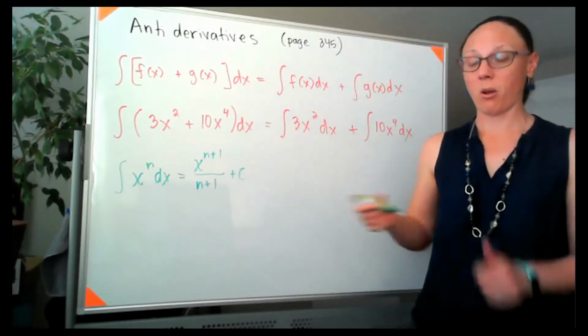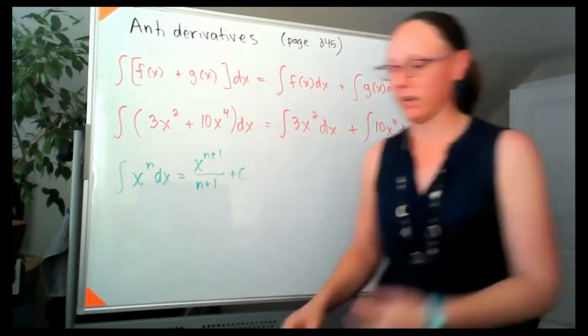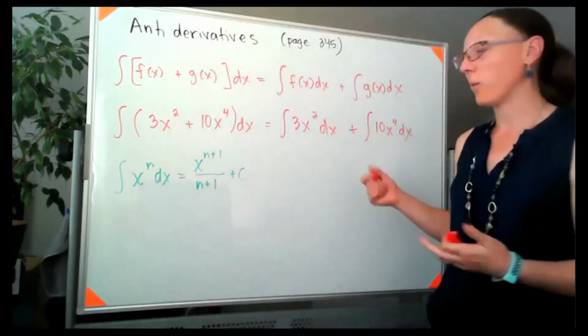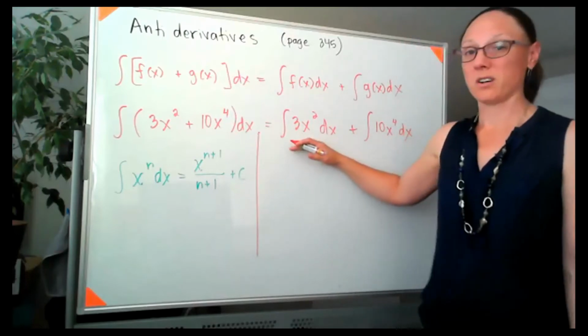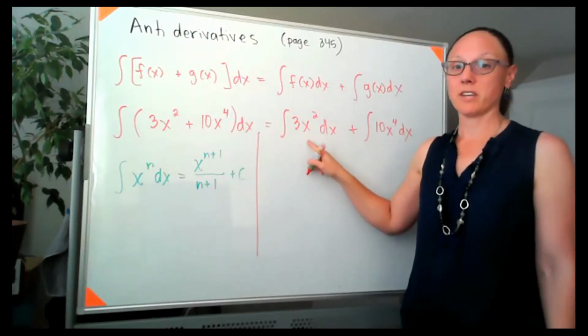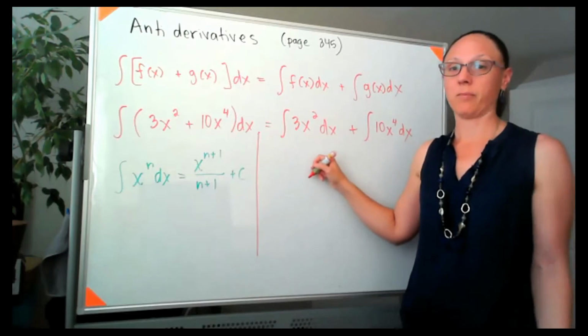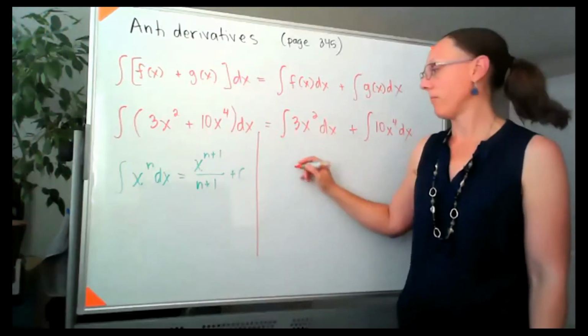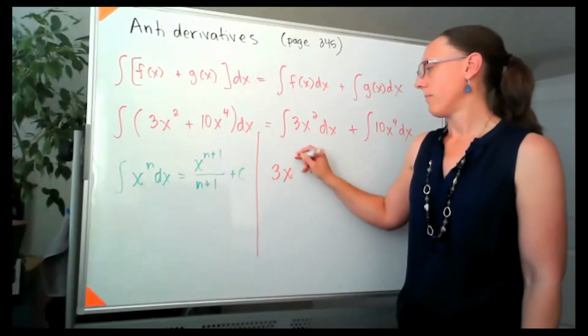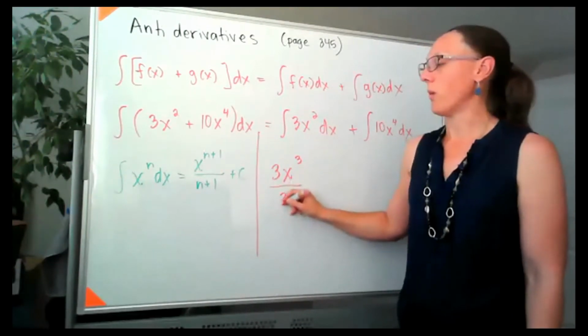That is way more complicated, in my opinion, than remembering what we do in words. So in words, if I have a number times x raised to a power, when I find the antiderivative, I add 1 to the exponent and divide by the new exponent.